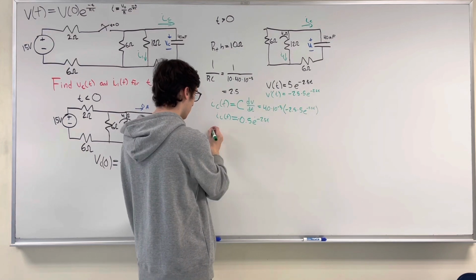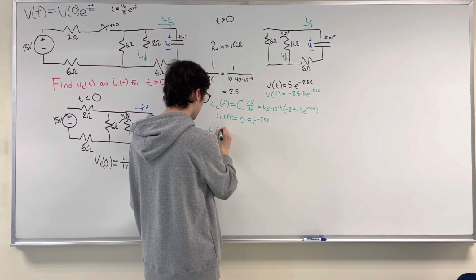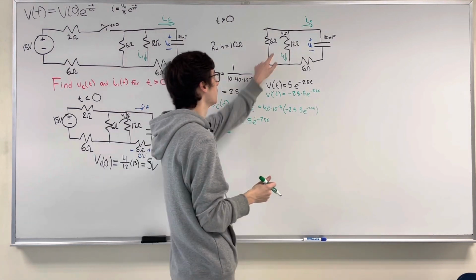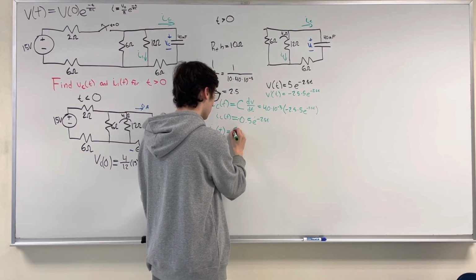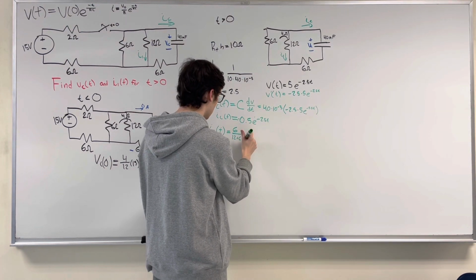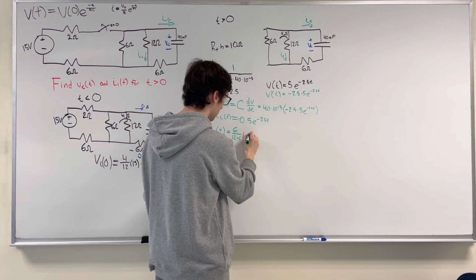To do that, I sub 1 of t is going to be equal to the other resistor, so it's going to be our 6 ohm resistor, over 12 plus 6 times I sub c of t.